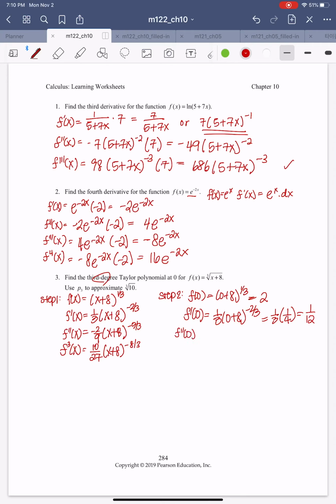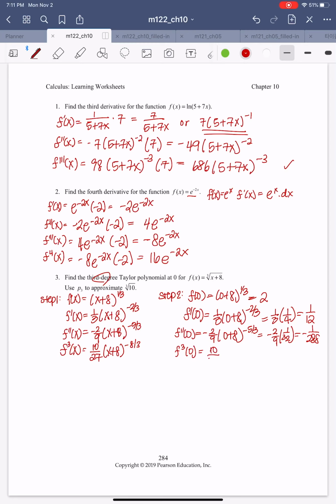Second derivative, negative 2/9 times 0 plus 8 to the negative 5/3. So I have negative 2/9, and then 8 raised to the negative 5/3 is equal to 1/32. So that's negative 1/288. Lastly, f of 0 at the third derivative function.